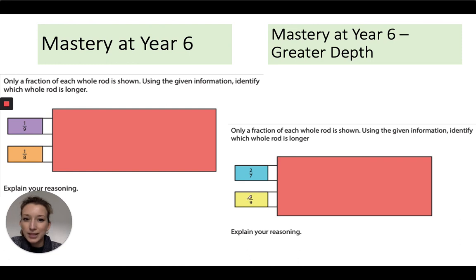Now I would say, well, 3/9 is equivalent to 1/3. So you know there's only going to be 3 more of those underneath. Whereas if you've got 2/7, you're going to have 3 more of those to make 6/7, and then a remaining 7th. So this top one must be the longest. So, but you might have other strategies. What do you think?